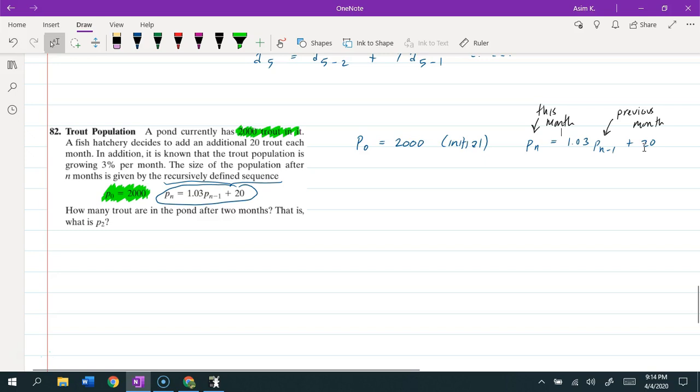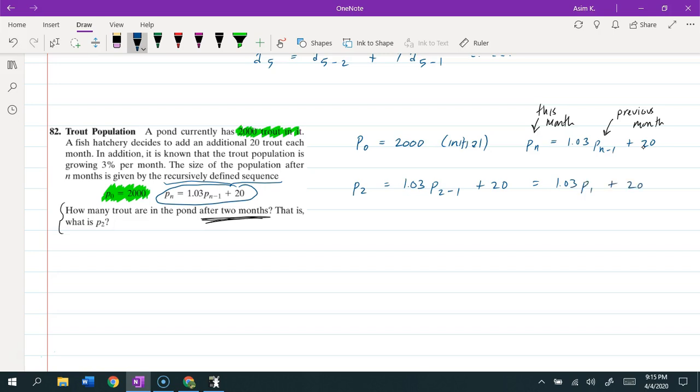And so let's go ahead and read the question. It says, how many trout are in the pond after 2 months? So in other words, what is P sub 2? It clarifies for you. So let's figure this out. If we need P sub 2, P sub 2 will be 1.03 P sub 2 minus 1 plus 20, which becomes 1.03 P sub 1 plus 20.